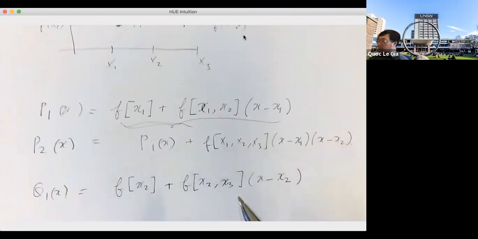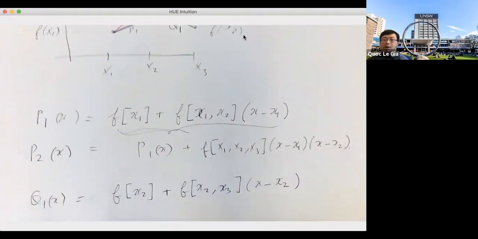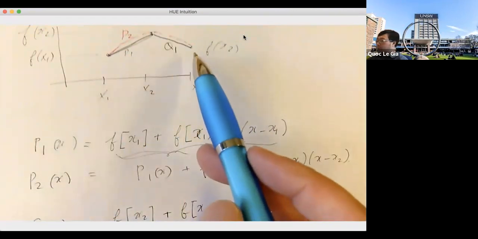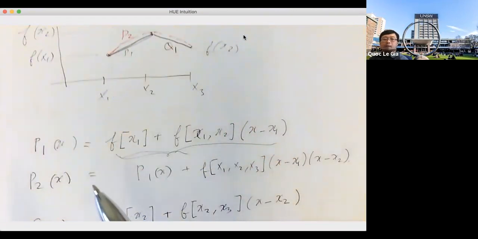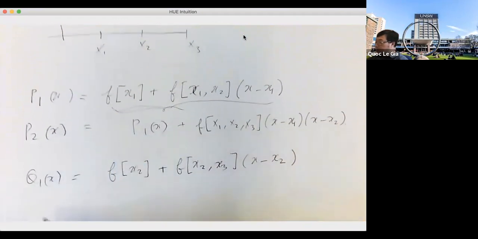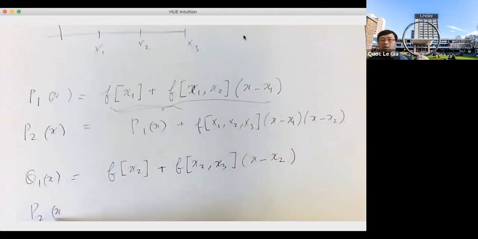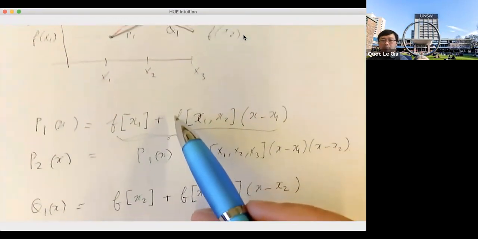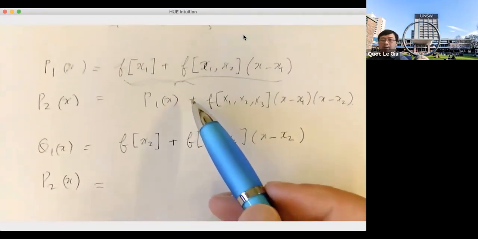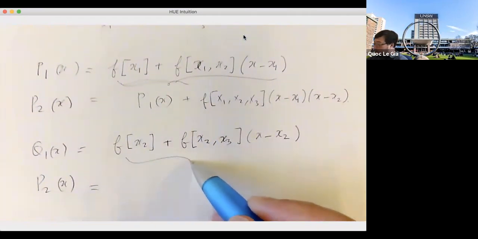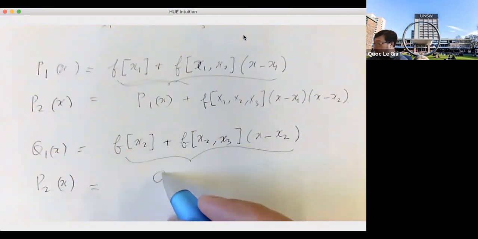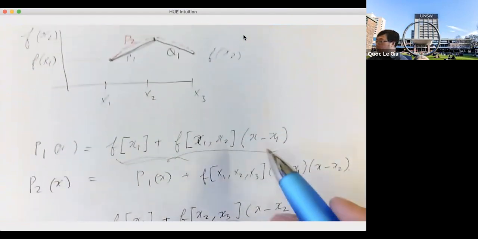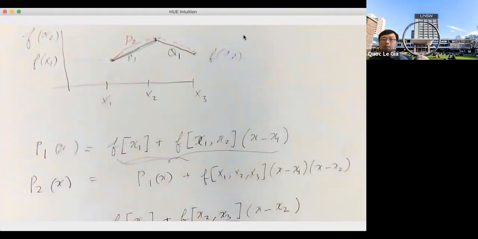Remember, there is only one unique parabola that goes through 3 points. So P2 again, but because I go from the right, I start with my Q1, which is this line, the black one.